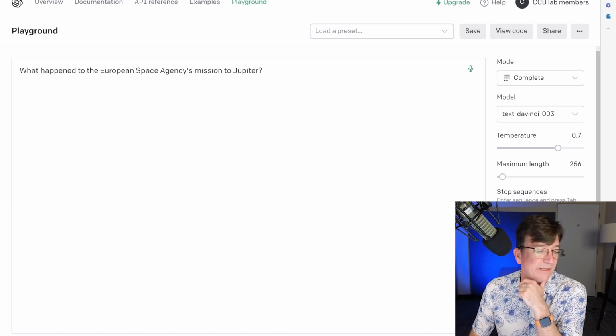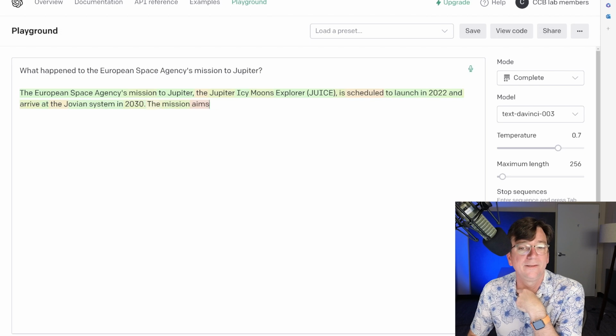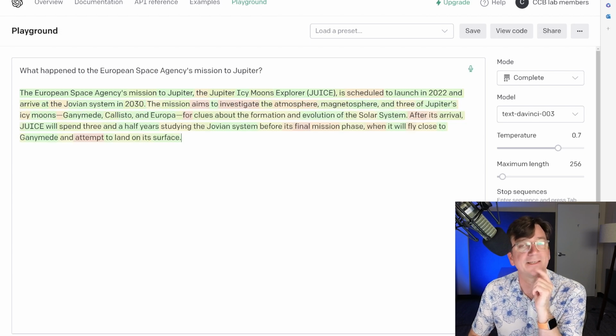And it should say that it doesn't know. So I type into the OpenAI Playground, what happened to the European Space Agency's mission to Jupiter? And then it gives me information.